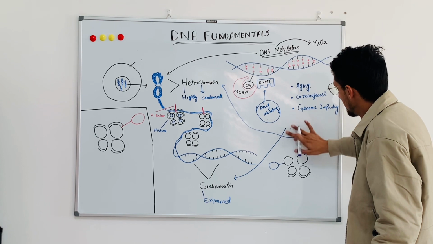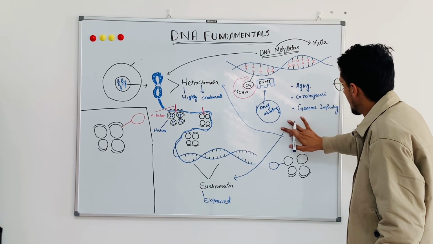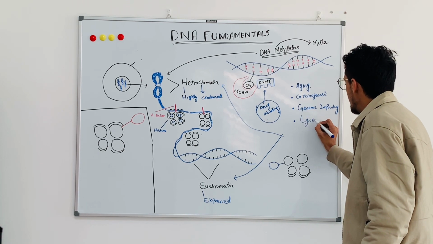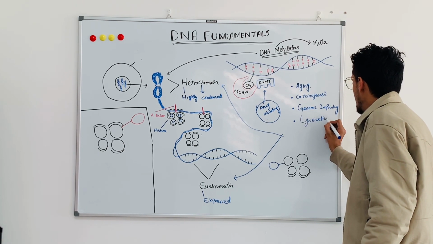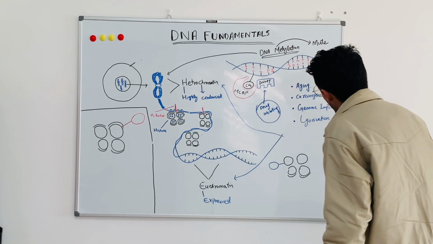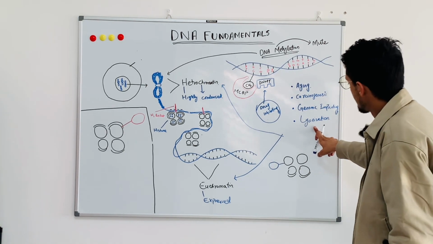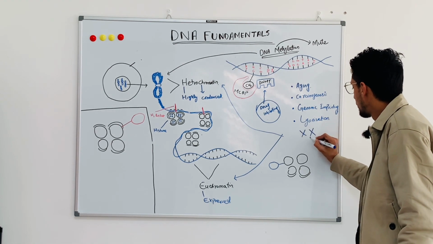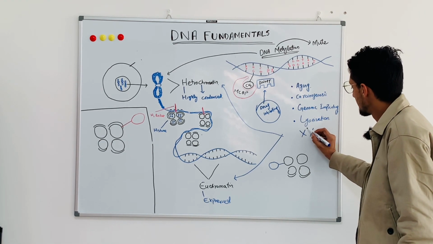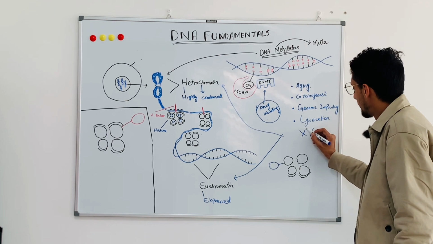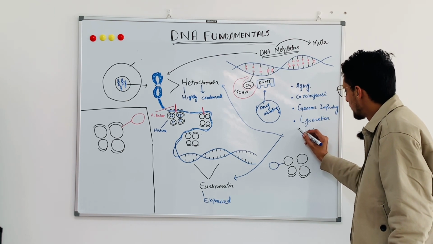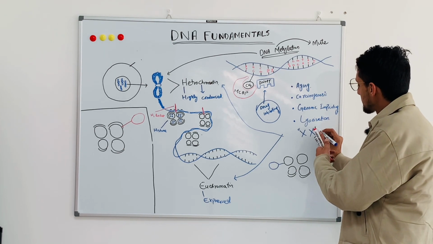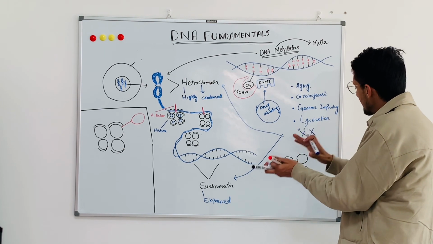The next one, let me erase this for the sake of convenience, is an important process, that is lyonization. Lyonization is, you can say, a female process, as there are two X chromosomes having the same characteristics, the same type of gene.